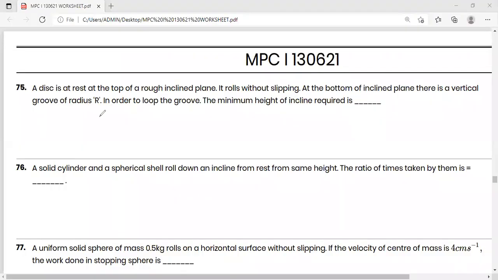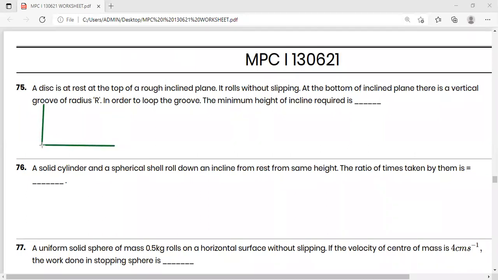Question number 75. A disk is at rest at the top of a rough inclined plane. It rolls without slipping. At the bottom of the inclined plane, there is a vertical groove of radius r. In order to loop the groove, the minimum height of the incline required is? We will just draw a rough diagram for the given question.